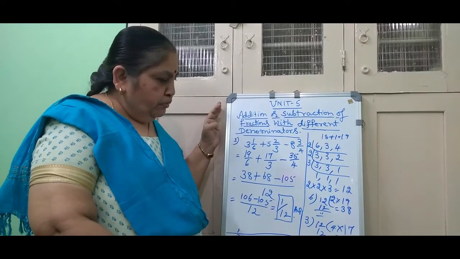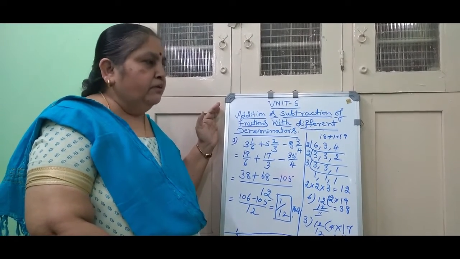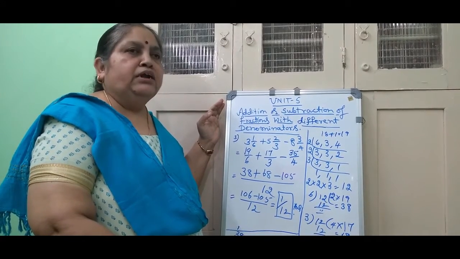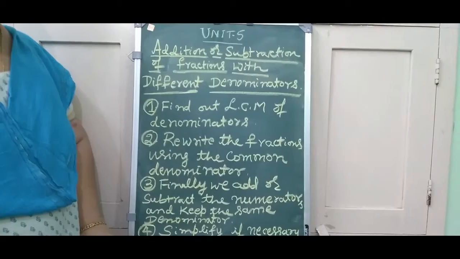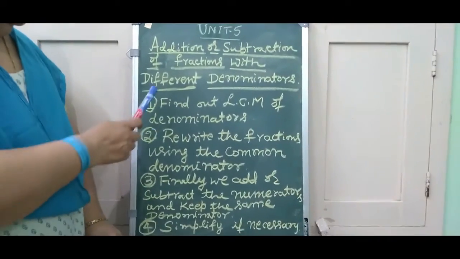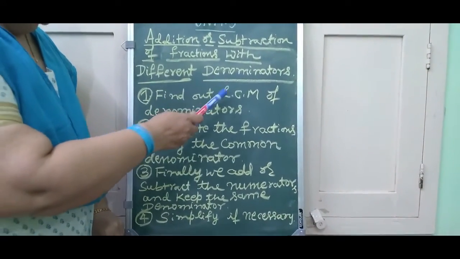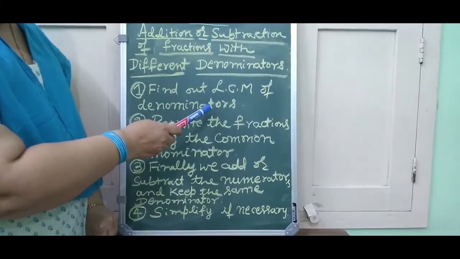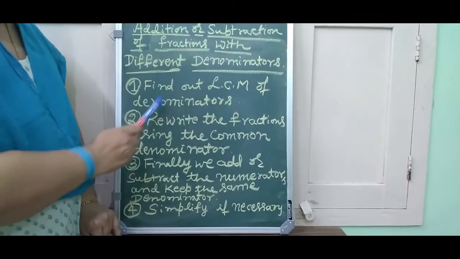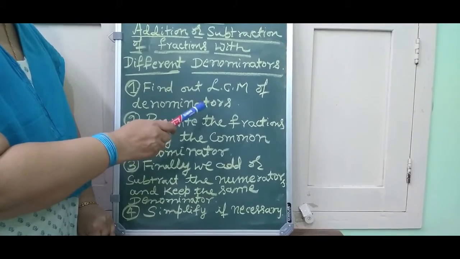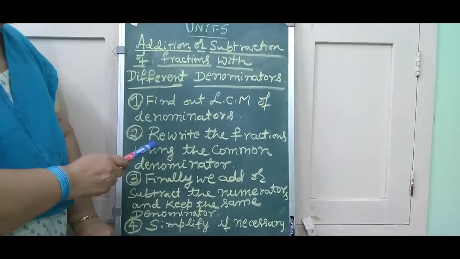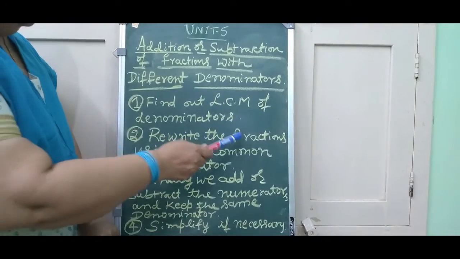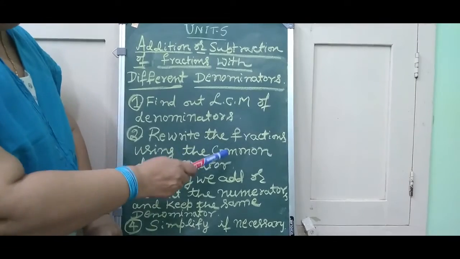And now let me tell you the summary of this addition or subtraction with different denominators. Here, find out the LCM of the denominators of the given fractions. That is the first step. The next step is to rewrite the fractions using the common denominator.